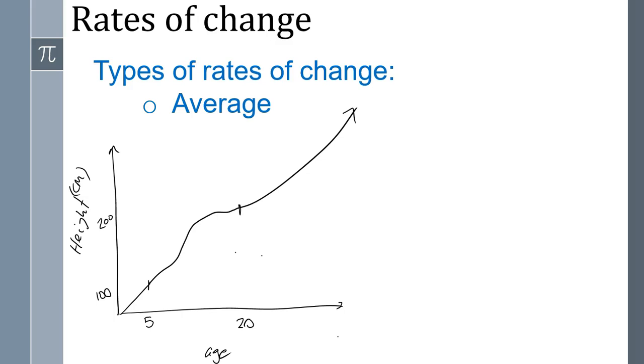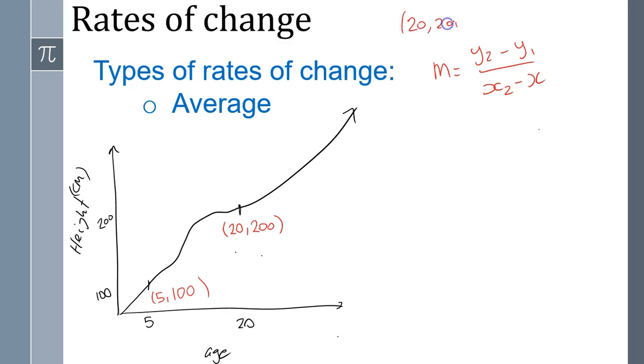So I'm just going to make these into very clear points. So our x value is 20, y value is 200, x value is 5, y value is 100. Okay, and if it's been a while since you've done this, we're going 20, 200, and 5, 100, and you're just going to label x1, y1, x2, y2, and sub them in.